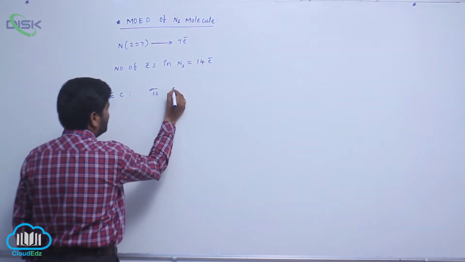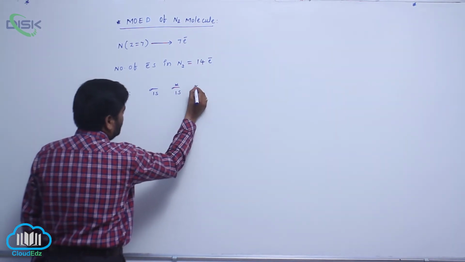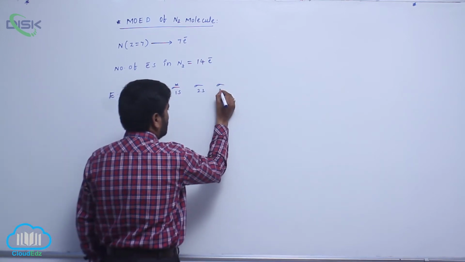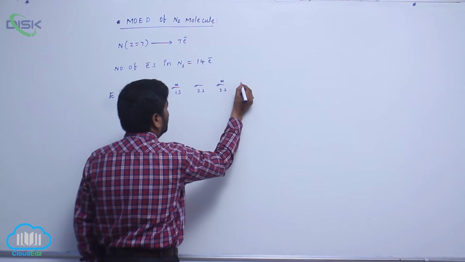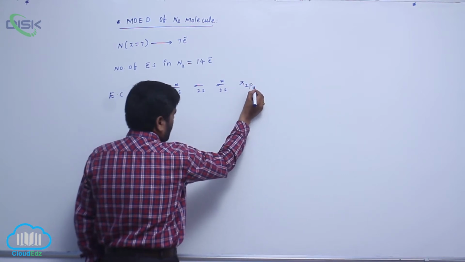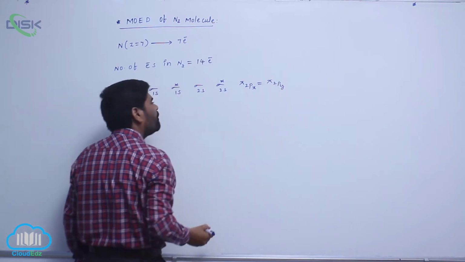Sigma 1s, sigma star 1s, sigma 2s, sigma star 2s, pi 2px equals pi 2py.